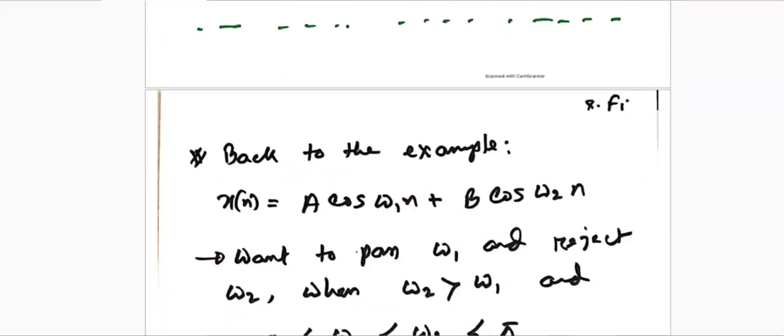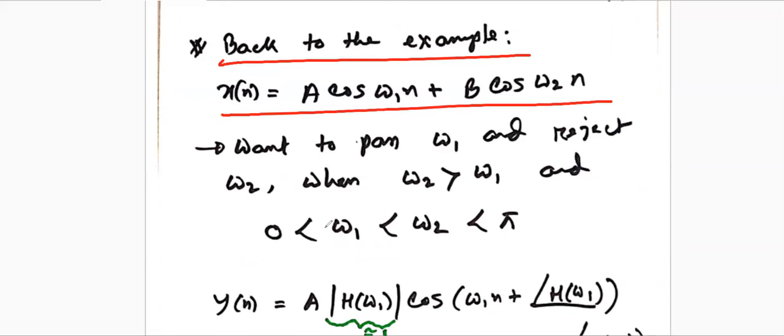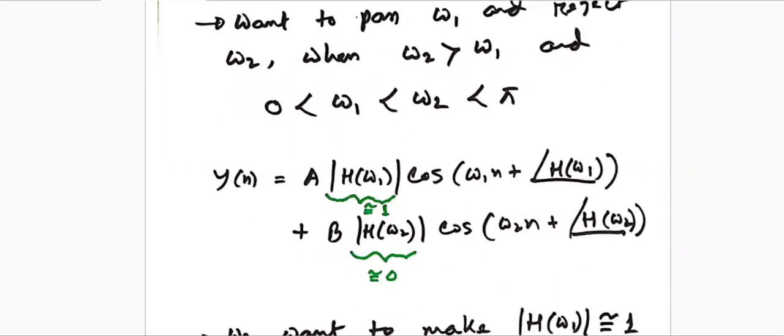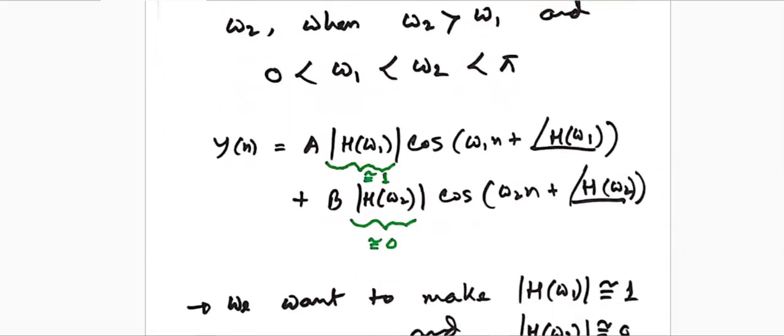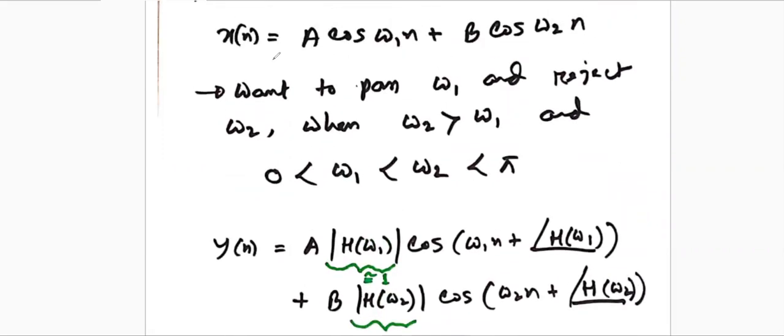Okay. Now back to the example. Our example was given like this, and we need to pass omega 1 and reject omega 2, where the hierarchy of the frequencies is given here, just to understand. Now, according to our last example, what we have discussed so far, we can write it in this way. Look at this output.